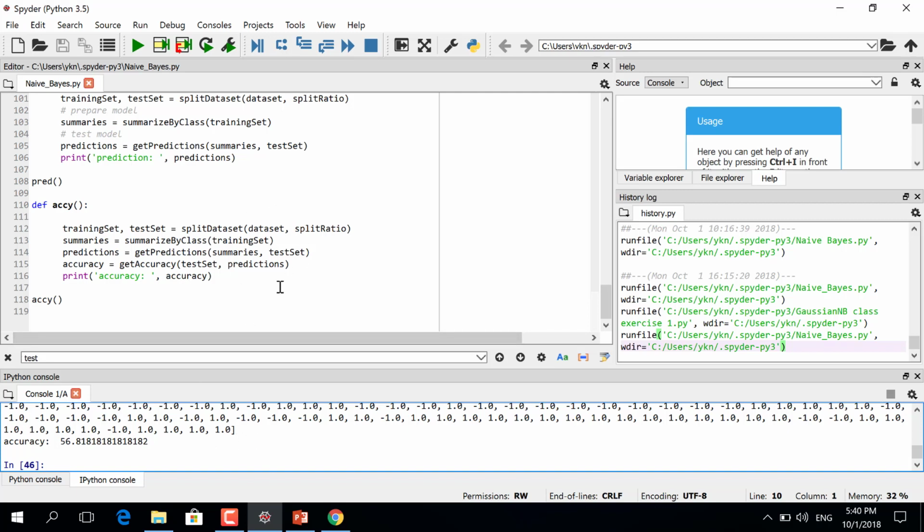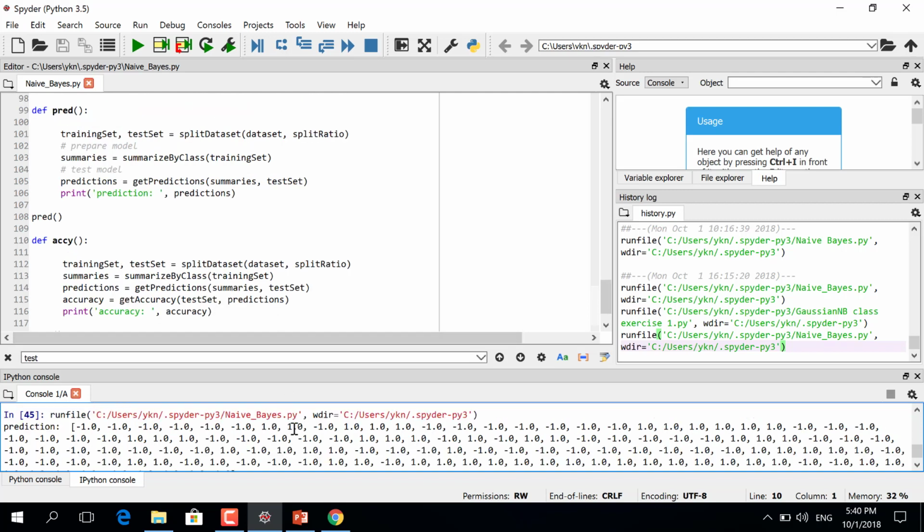In order to improve the result, we can add more training data into our table, so that we give more experience to our classifier to make a good classification. So far this is what we have in this tutorial, and welcome to the next tutorial on random forest classification.